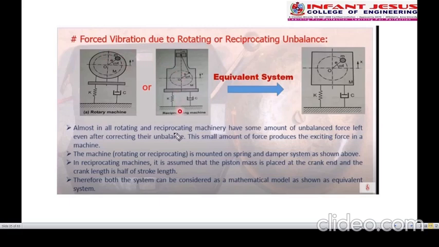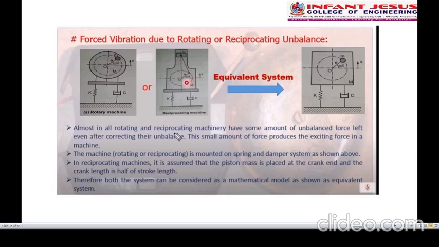Here also we can see a reciprocating machine. Here also we are taking the rotary part. Same as we have seen here, the piston is here, the crank is here. The piston mass is considered as placed at the crank end, and so the unbalanced mass is rotating with a radius e, the eccentricity, and angular velocity omega in the anti-clockwise direction.